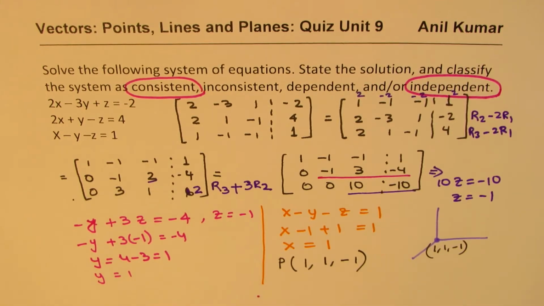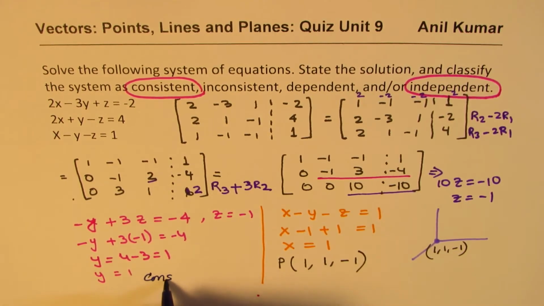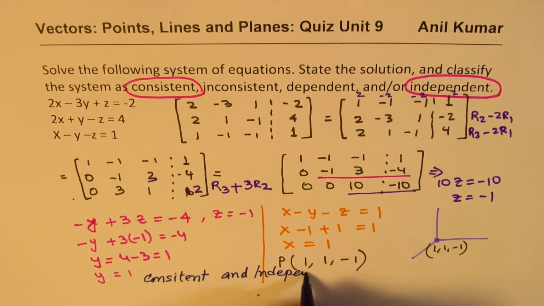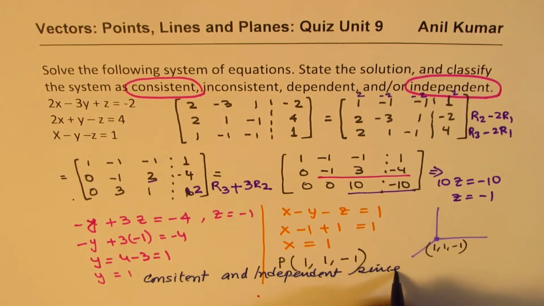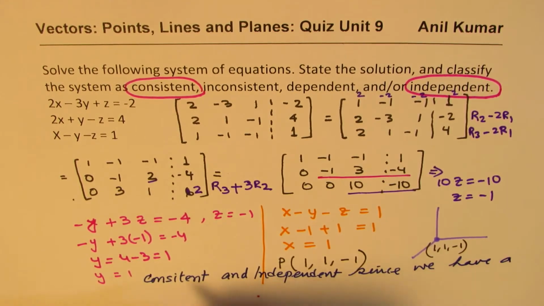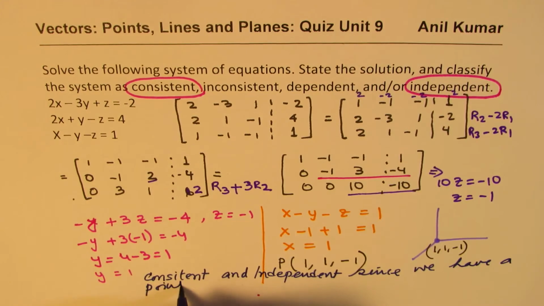So we have a consistent system here, and we'll answer this as consistent and independent, since we have a point of intersection.